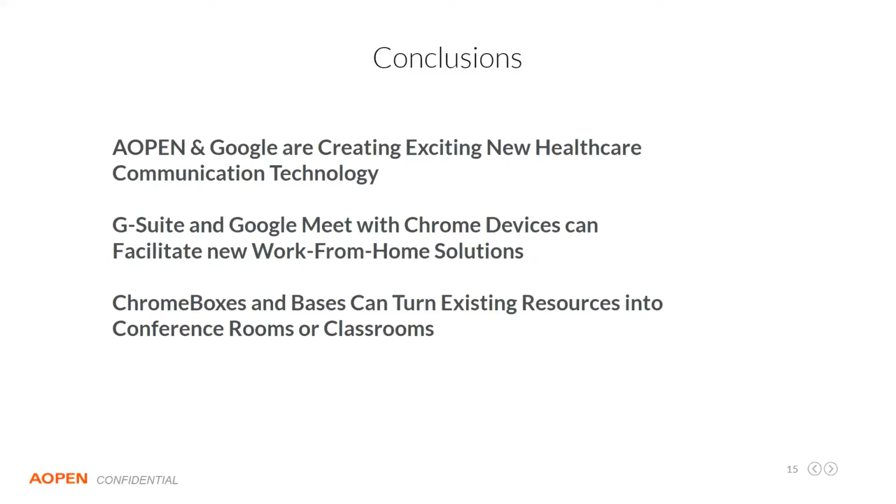The challenge here is that I'm sure not everyone got a $5,000 laptop from their employer to work from home, right? And so these type of Chrome systems can give you a lot of performance and help you use your existing G Suite infrastructure across a number of resources in your home.